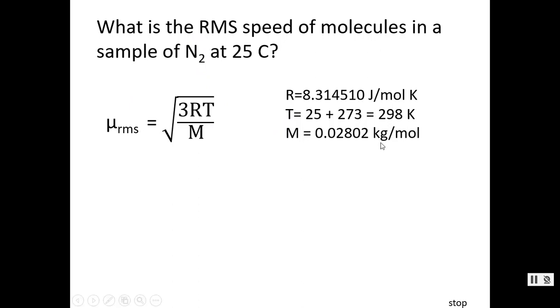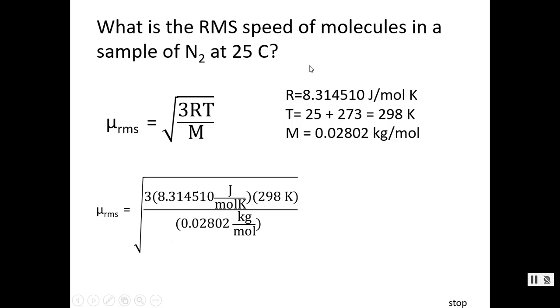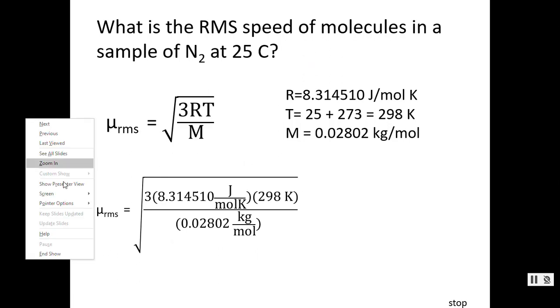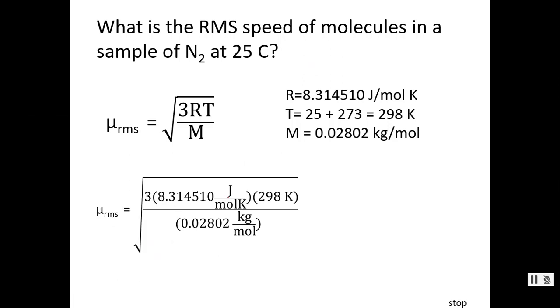Convert it to kilograms, 1,000 grams in a kilogram. After making those conversions and setting up the equation and putting in the appropriate values, you get an answer that is 515 meters per second.